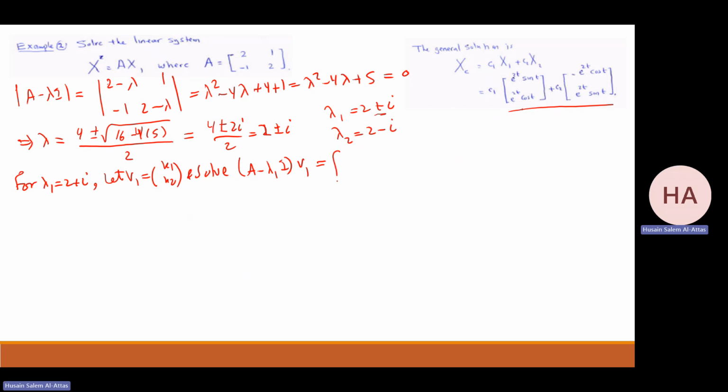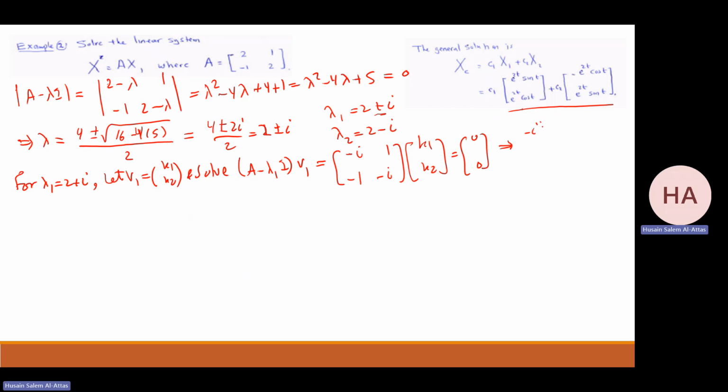And that will be what? 2 minus 2 minus i, that will be minus i. 1 minus 1. 2 minus 2 minus i, that will be minus i. That is minus i times k1, k2, which should equal 0, 0.